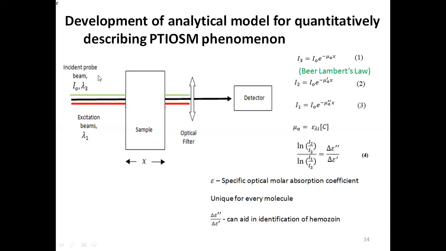So if now we introduce a secondary beam of light, we call it an excitation beam or pump beam, onto the sample while still maintaining the probe beam, the pump beam will also be absorbed, and a portion of it will be transmitted from the sample.